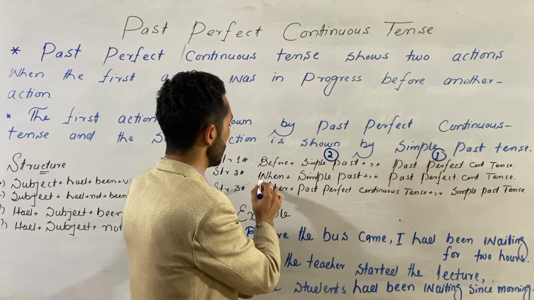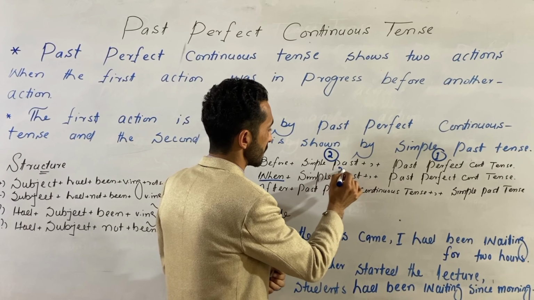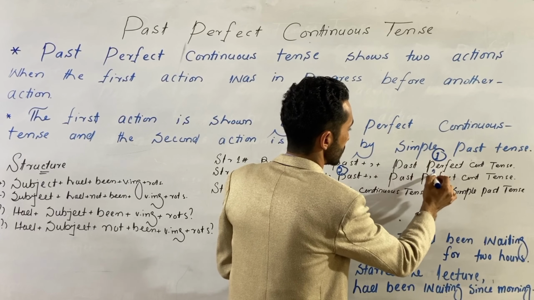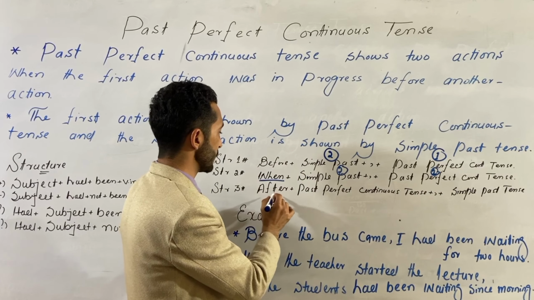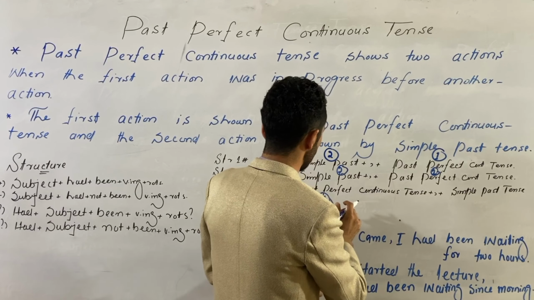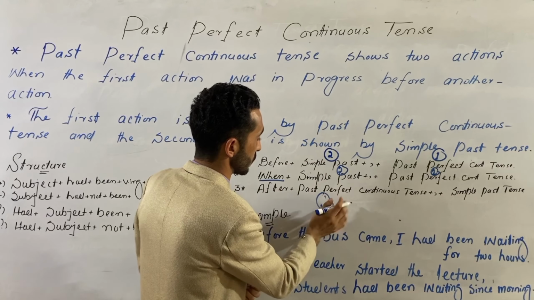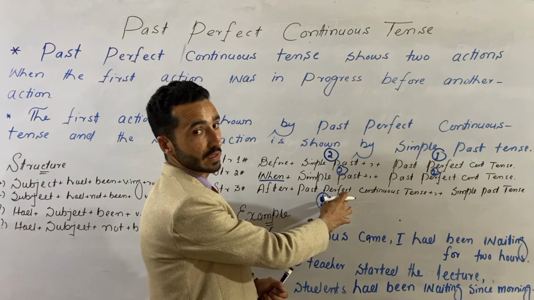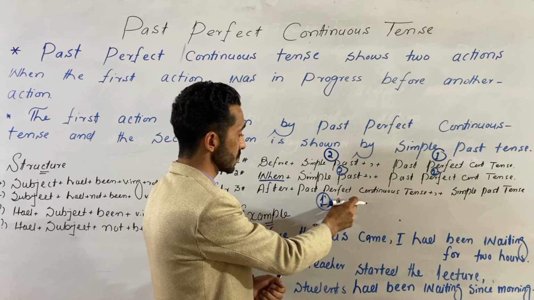Simple past is the second action, and past perfect continuous is the first action.